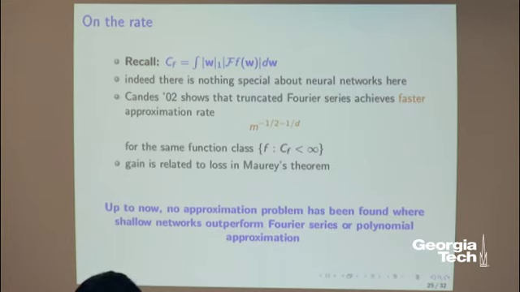Okay, so let me comment a bit on the rate. Recall what this C_f is. It looks as if, and many people have claimed, that this is something very special which only neural networks can do. But there's actually an argument by Emmanuel Candès which shows that if you make a good Fourier series where you truncate the small coefficients and also keep the first coefficients, then you can even achieve a faster rate.